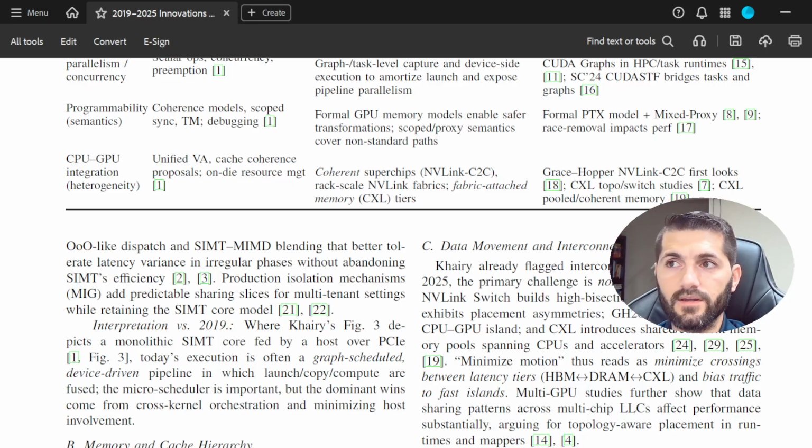But the NVLink switch has been building the high bisection GPU fabrics. There's still some placement asymmetries, but the GH200 creates a coherent GPU-CPU island, and then the Compute Express Links induce shared coherent memory pools which span across the CPUs and accelerators as well.